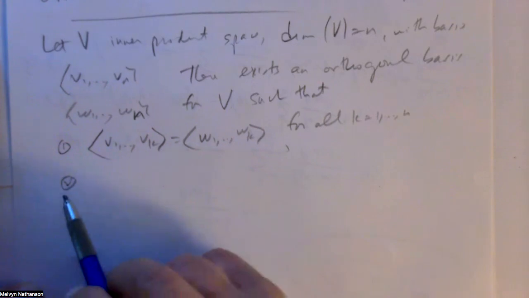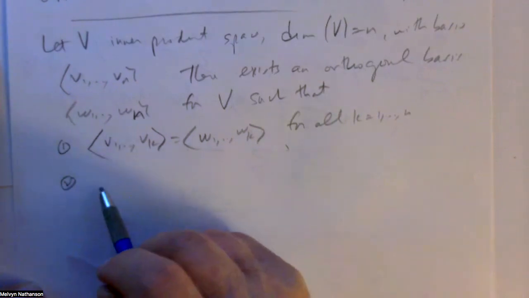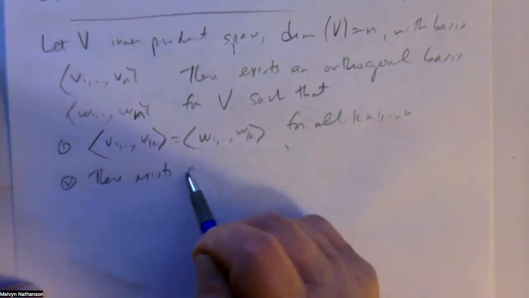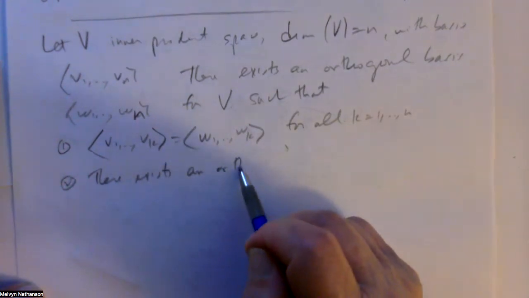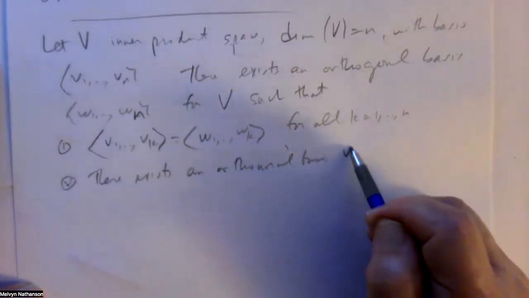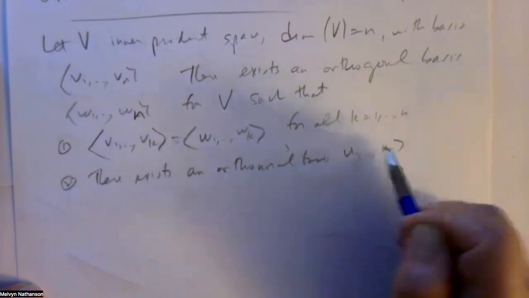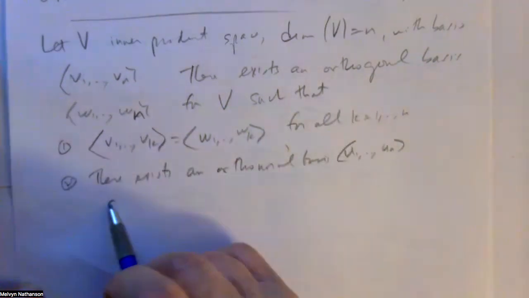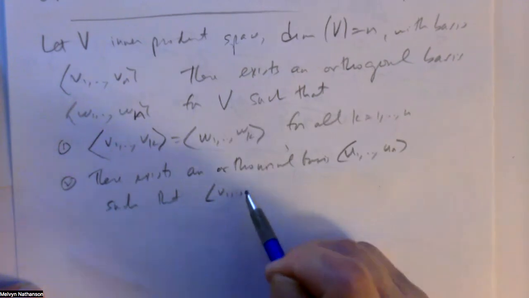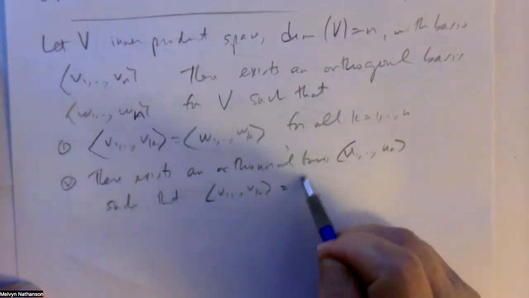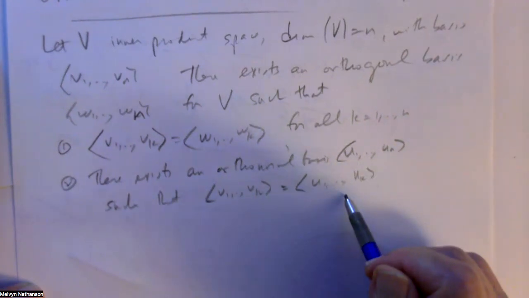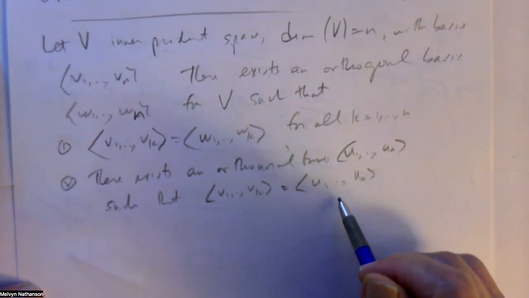Second, there is an orthonormal basis U_1 up to U_n with the same property. So the first k vectors of your original basis generate the same subspace as the first k vectors of this new orthonormal basis.